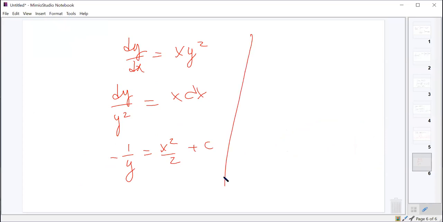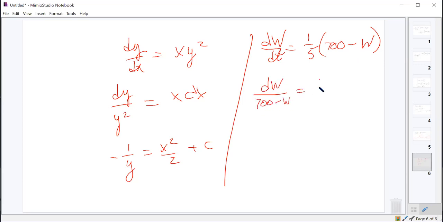Or it shows up in the ones where they give you something like dw dt equals 1/5 of 700 minus w. And when you separate the variables, you get this. And then you have to do the u sub on the 700 minus w to get the natural log, right? U equals 700 minus w, just like we did with the last one.